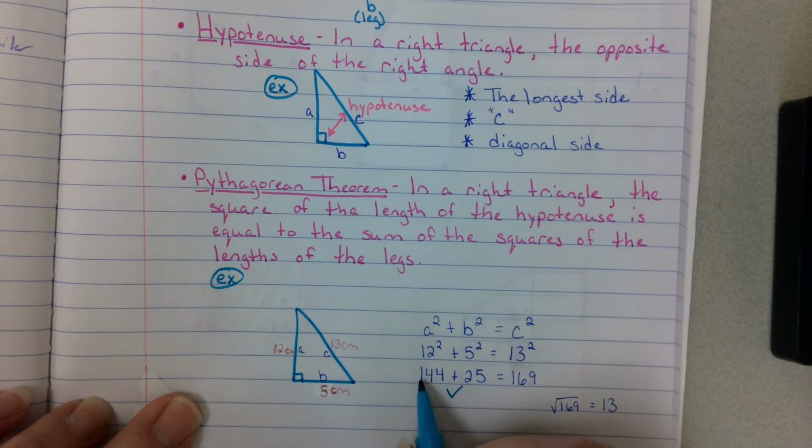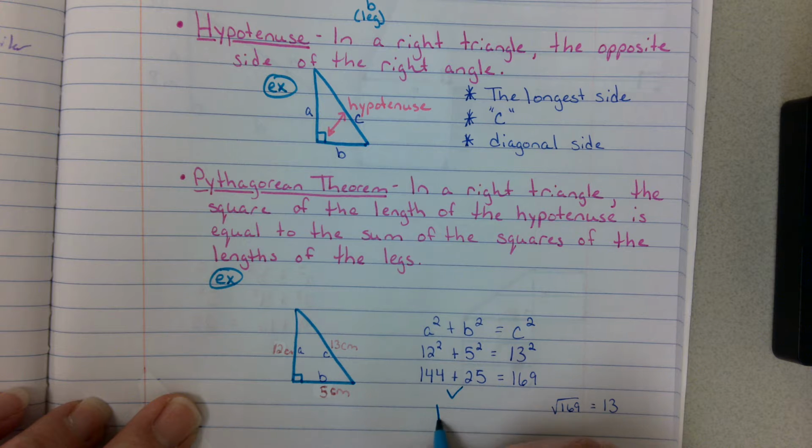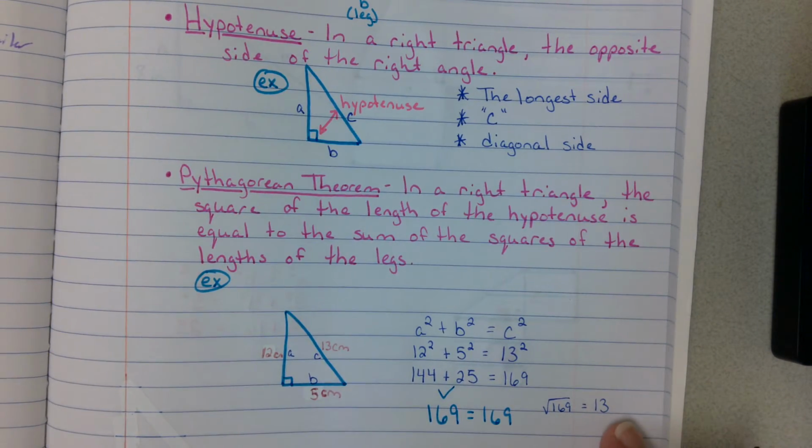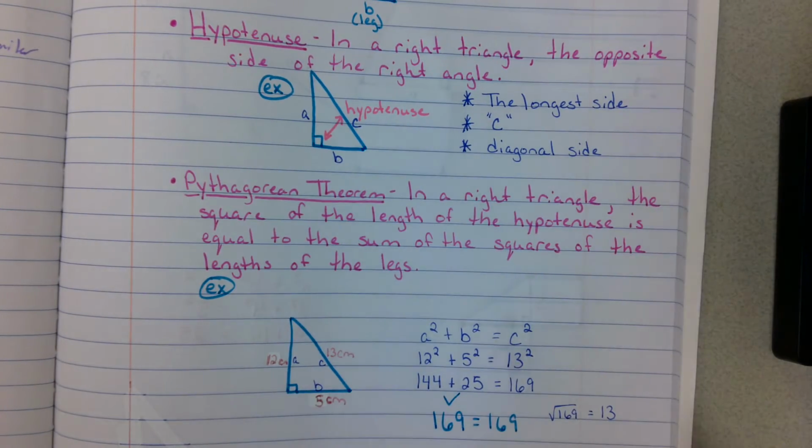And when I add 144 plus 25, we get 169 is equal to 169, which is true.